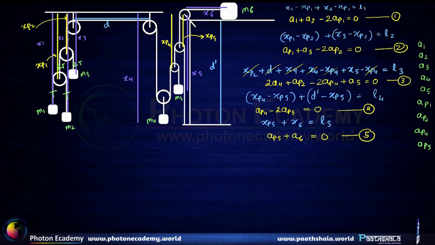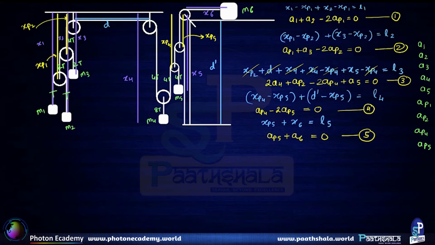This is going to be 4T. So this 4T comes over here. This is 4T. So this happens to be 8T. This is 4T itself. This is also 4T. As long as the string is the same, the tension is the same as well. And then this happens to be 8T over here, and 8T as well. So this happens to be 16T. So these are the tensions in the string.